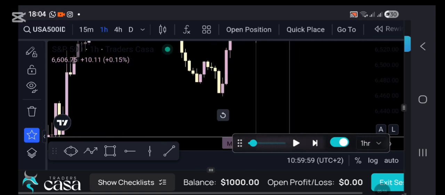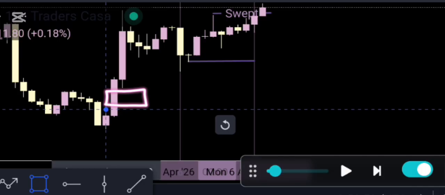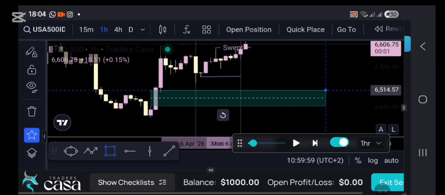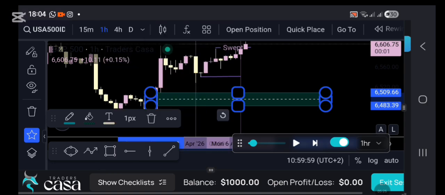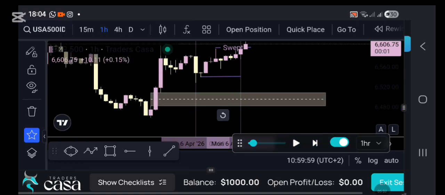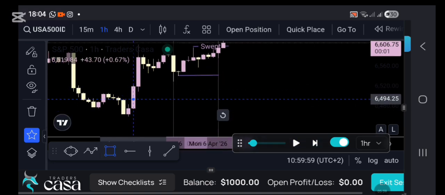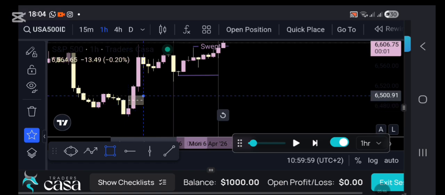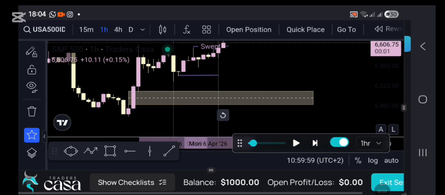So we don't see anything here, but I would have marked this fair value gap simply because I think that price might have been attracted to this fair value gap, and it would have made me more confident that we would have swept the low of the Asia range.